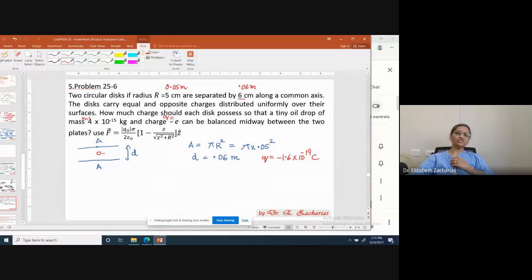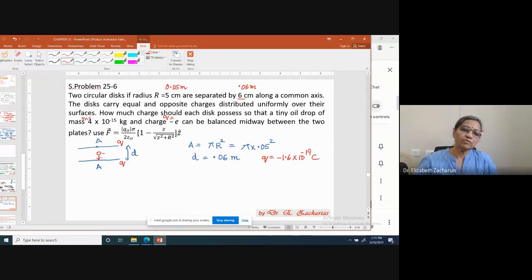For this to happen, what should be the charge on the two plates? Let Q be the charge on the two plates. First thing I want you to answer is which plate should be positive, which plate should be negative. They carry equal and opposite charges. First of all, how will this oil drop balance? It will balance if there is a force. What is the downward force?